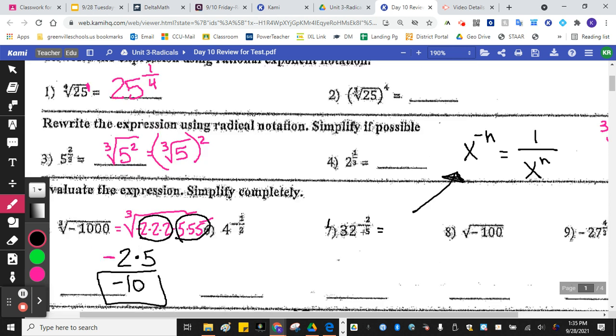So if you have a negative exponent, you drop the whole number to the bottom and make it a positive exponent. And then we have to simplify. So this, write it in radical form because you really can't simplify in exponential form. So this is the 5th root of 32 squared.